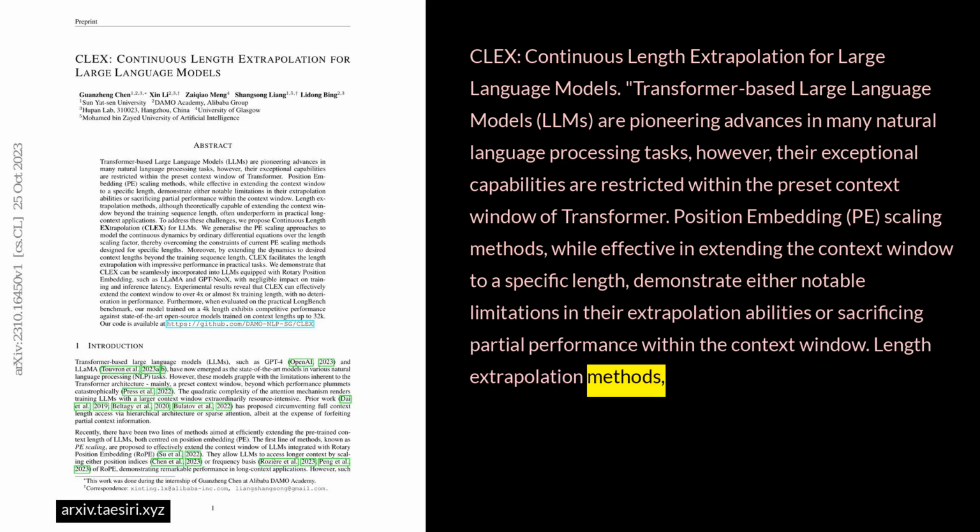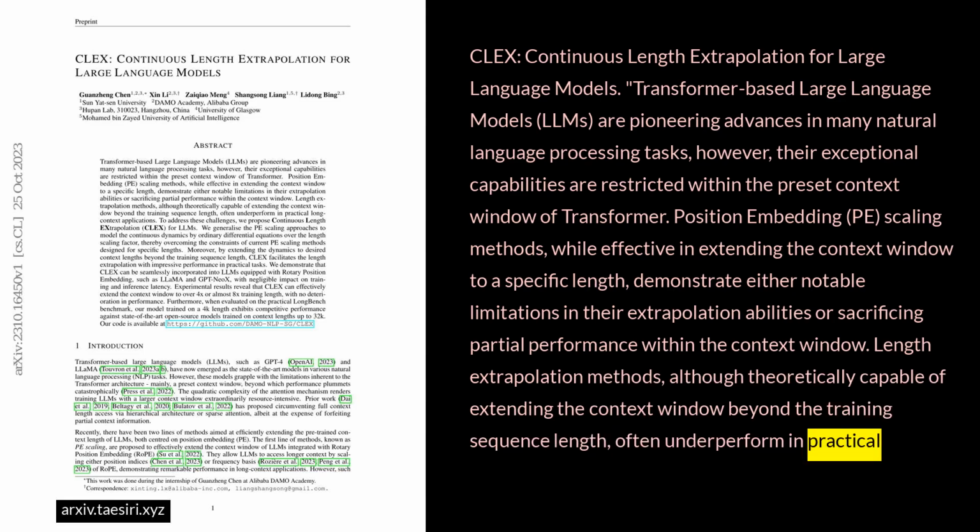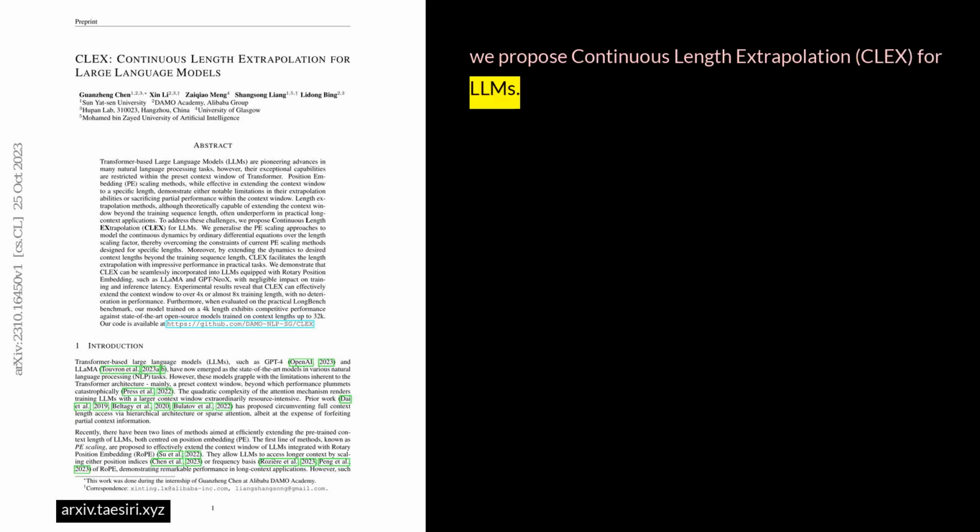Length extrapolation methods, although theoretically capable of extending the context window beyond the training sequence length, often underperform in practical long-context applications. To address these challenges, we propose continuous length extrapolation, CLEX, for LLMs.